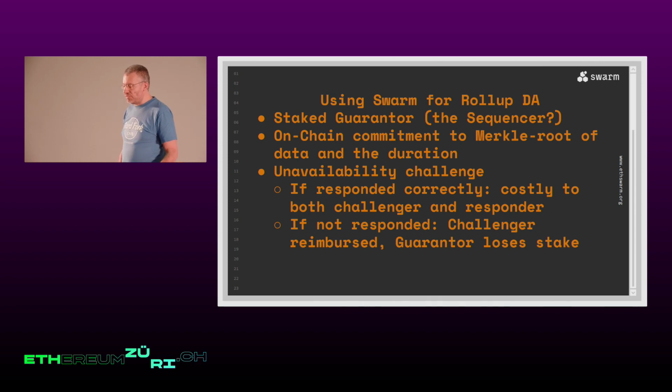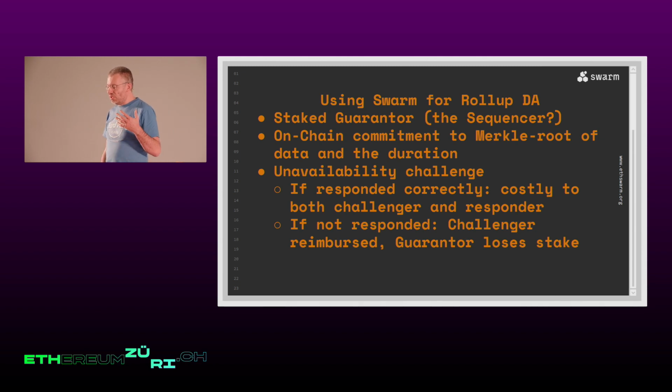And it's relatively cheap for the responder, so it's a griefing attack, but not a devastating one. So if the data is really available, there's no reason to do that. So it's not going to happen. So it's only there as a deterrent.